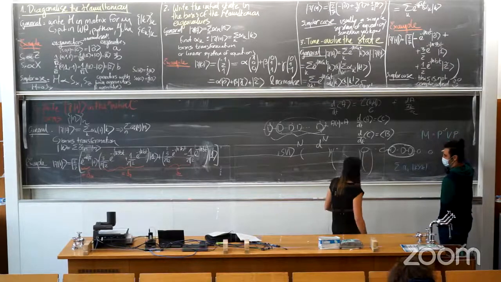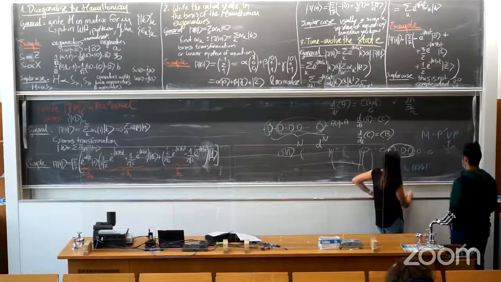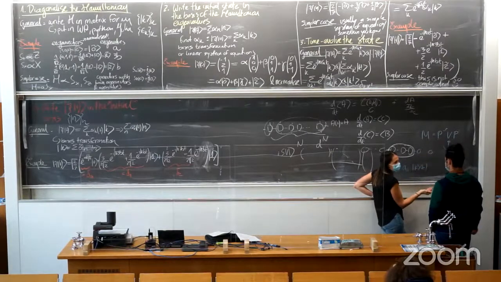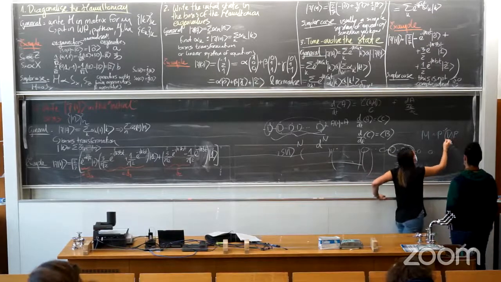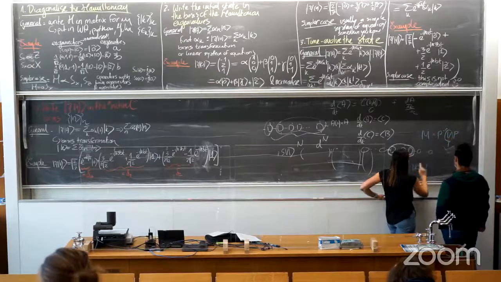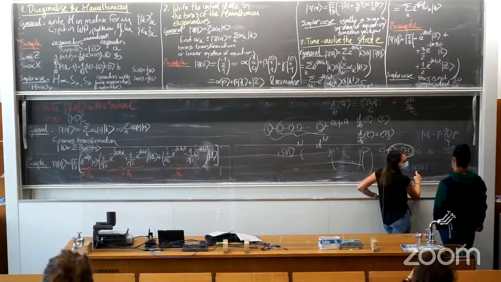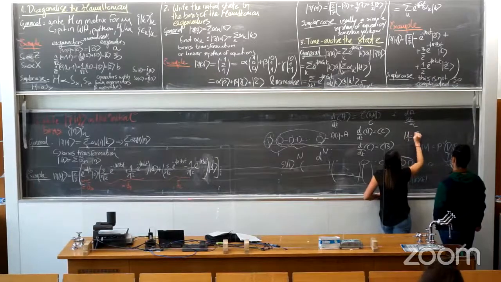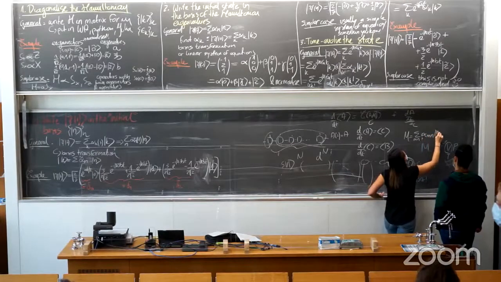The fact is that this holds for every matrix with some specific basis. If you choose the basis of eigenvectors, then you have exactly this. M is a sum over Mn of alpha Mn times Mn.